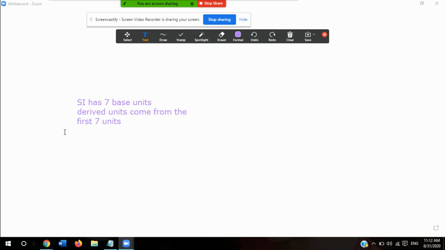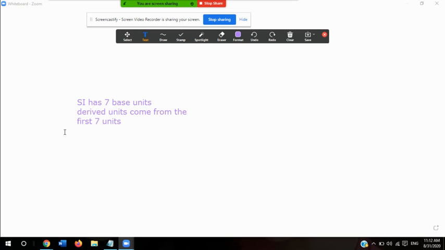In the SI, it says that we have prefixes added to the names of the SI base units. It says that the 7 SI units and their standard abbreviated symbols are listed. So if you go to figure 2.1 in your textbook, you'll see all the SI units listed. It says all the other SI units can be derived from these 7.